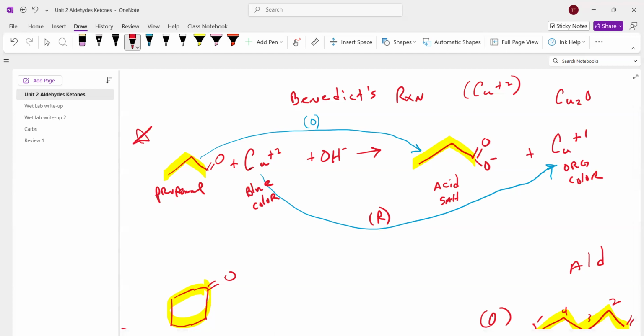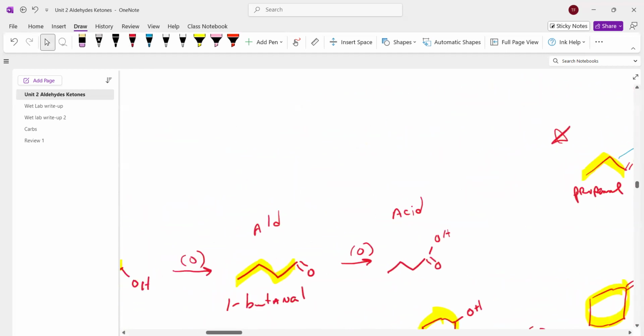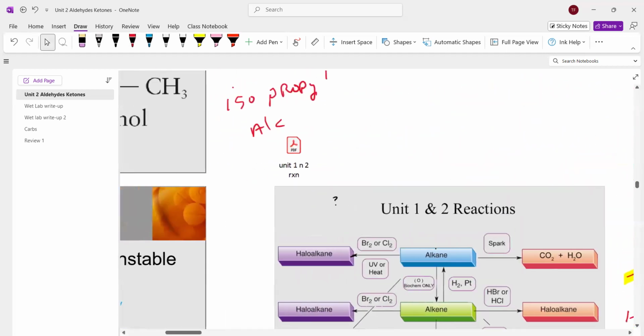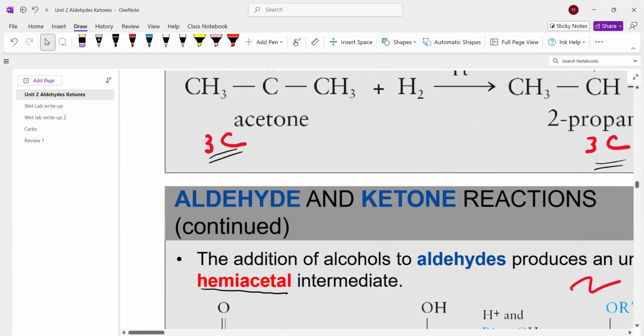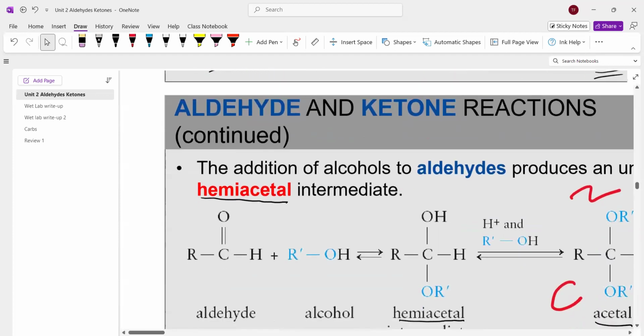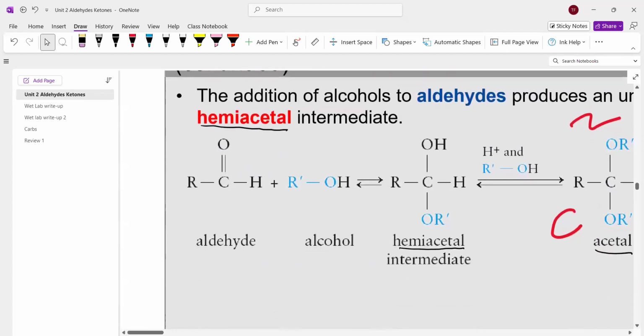Okay, now, what I'm going to do now is, what happens when you add, and I'm going to go into extreme detail in this. What happens when you add an aldehyde and an alcohol together?